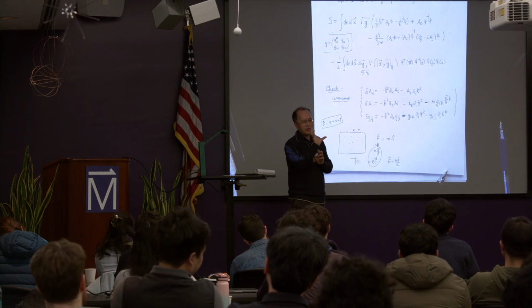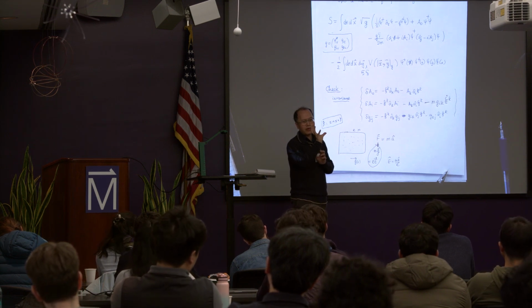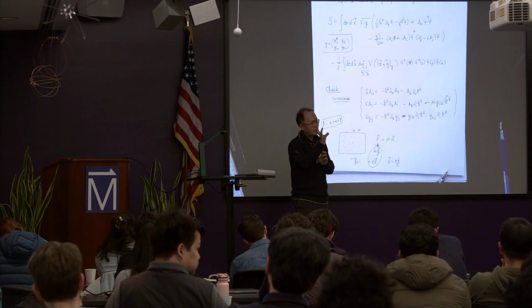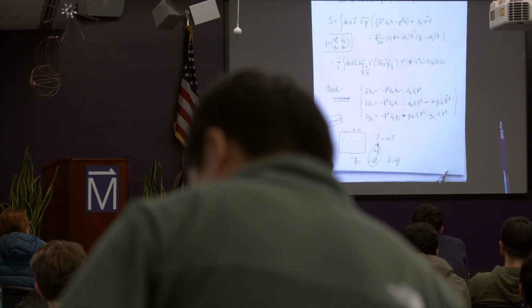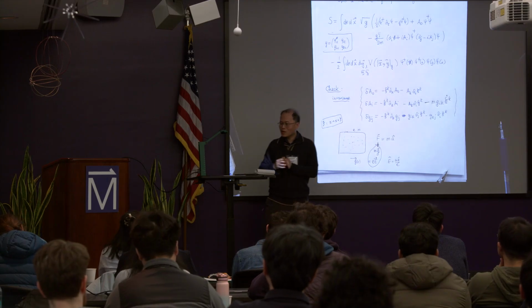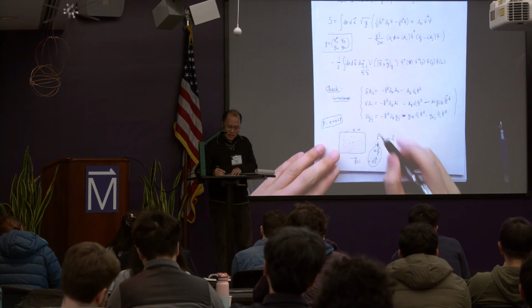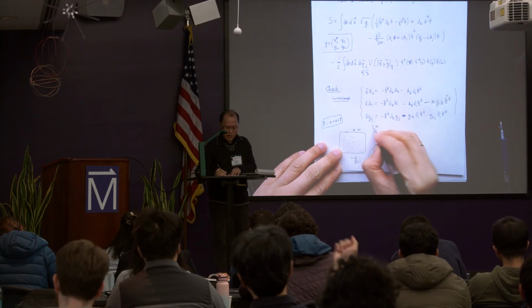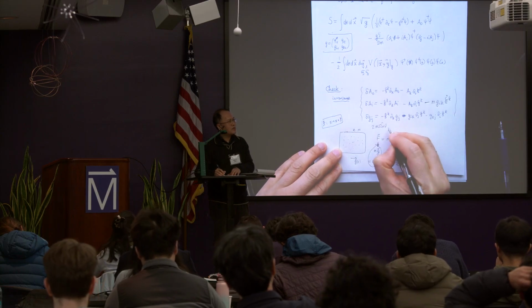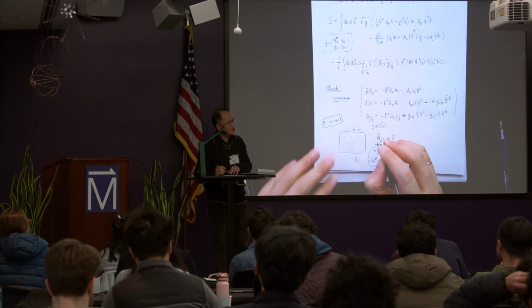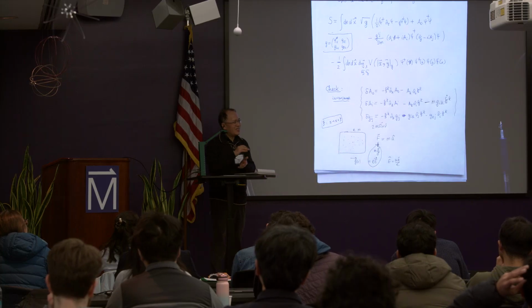Now you can also do the following thing. Let's go to the system of coordinates where we have a rotation. In a rotating system of coordinates, we have a Coriolis force. That Coriolis force is 2m omega cross v. Sorry, is that correct? 2 of v times omega, one of the two.